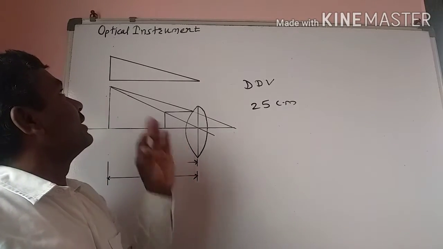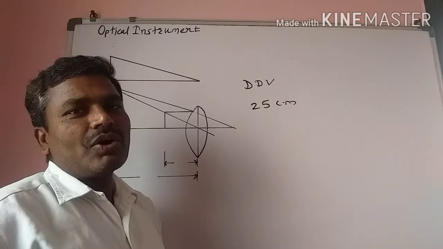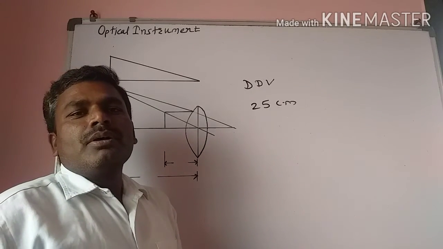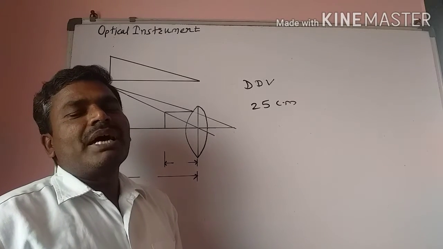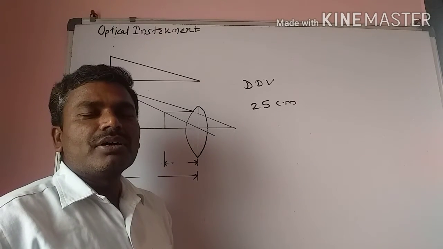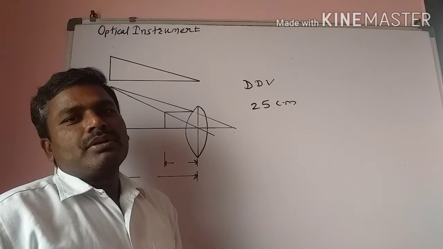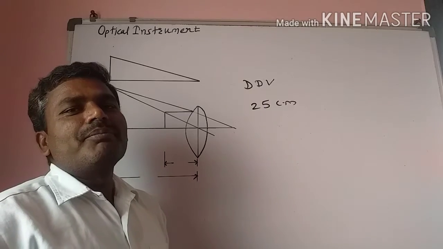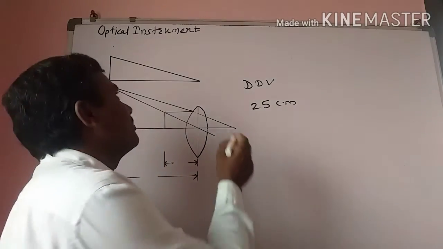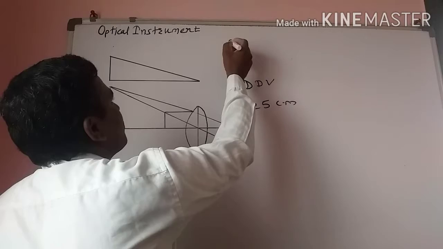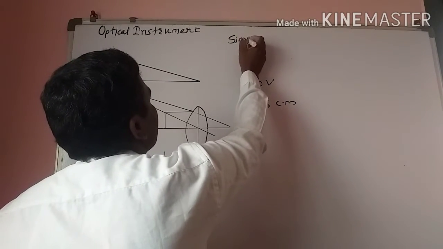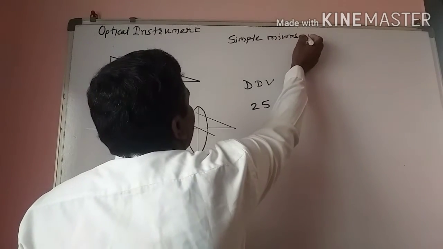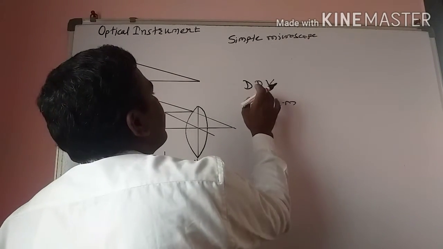When we learn optical instruments, in them we find out the magnifying power. Magnifying power is nothing but the ratio of the visual angle made by the image to the visual angle made by the object. Here we see the magnifying power of the simple microscope, also called a reading glass.